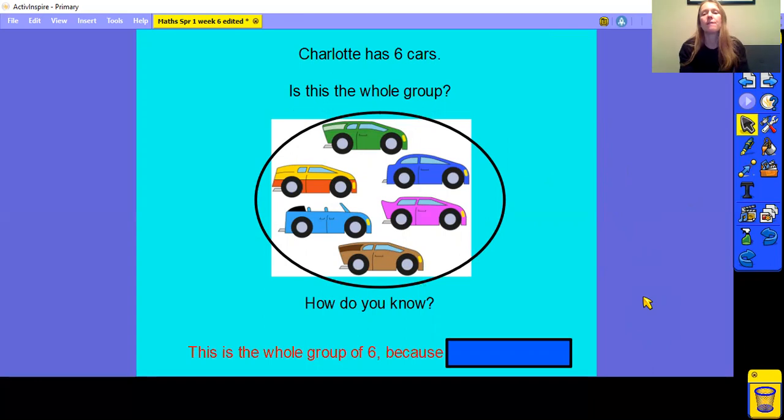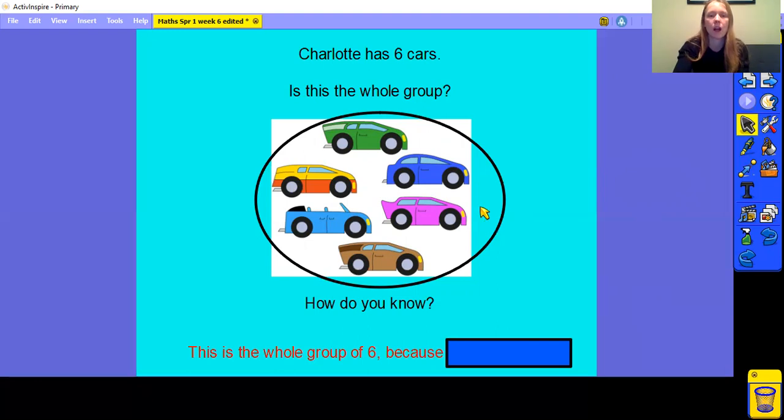If I want to find that out, what I need to do is count them. If I have the whole group, remember, I will have all of them. Charlotte has 6 cars, so I need to be able to count 6 cars to have the whole group.